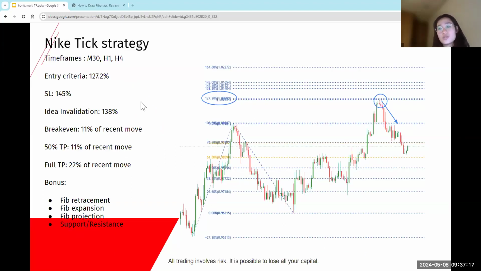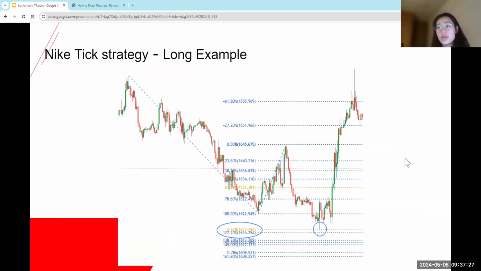We have the 127.2 lining up with a 100% Fibonacci projection, and you can see price reversed off it nicely. If we look at a long example, we're expecting price to reverse off this confluence area, where the 127.2 lines up with your 61.8. So we're going in for a buy from this level all the way upwards.